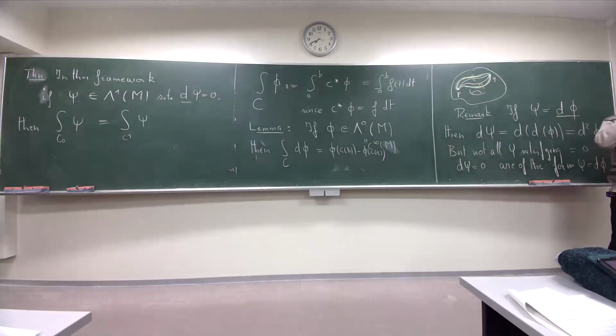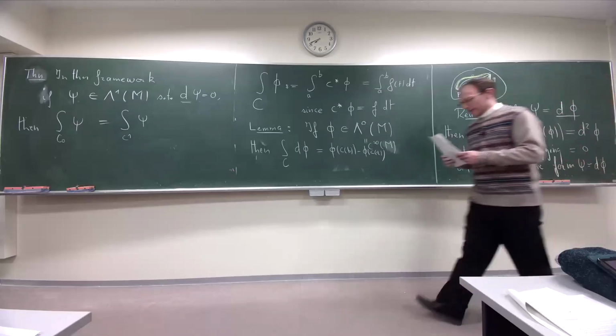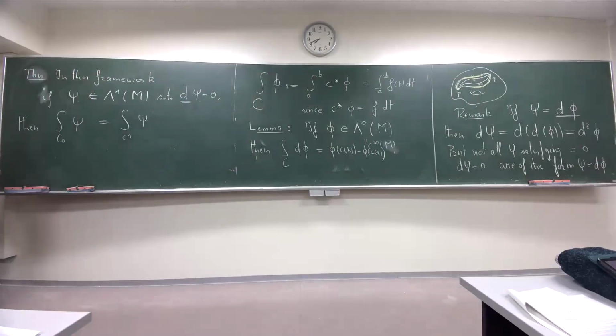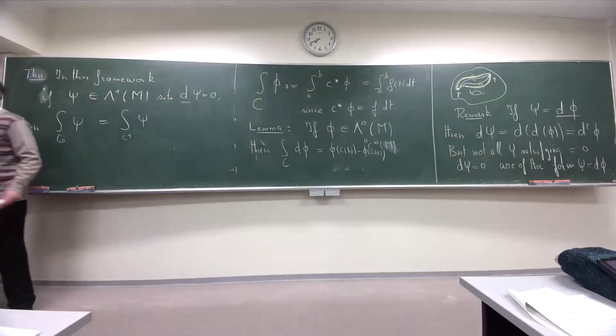So don't think that smoothness is really required for this kind of thing. It's convenient because we have been dealing with smooth objects, but it's not a strong requirement. Okay, chapter 4 is finished. Do you have any question or remark?